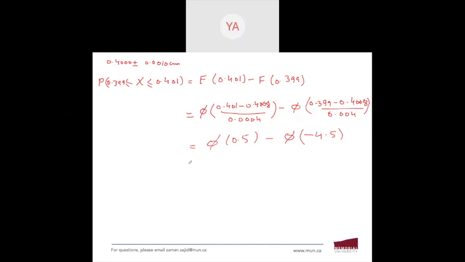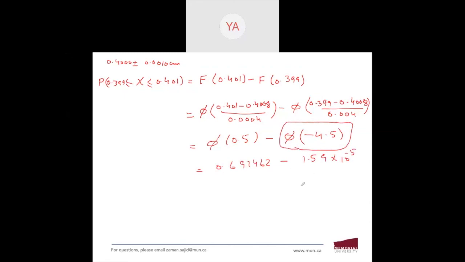You will look at the tables. So the final answer I'm going to write down here is 0.691462 minus this number, 1.59 times 10 raised to power minus 5. Now one thing you will notice, this number does not fall within your table.